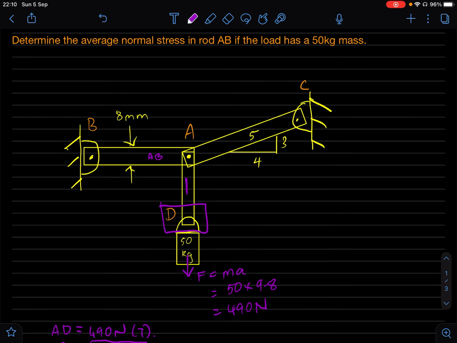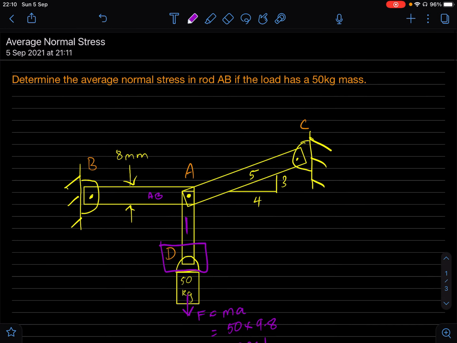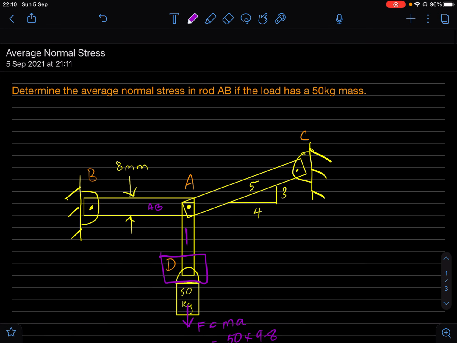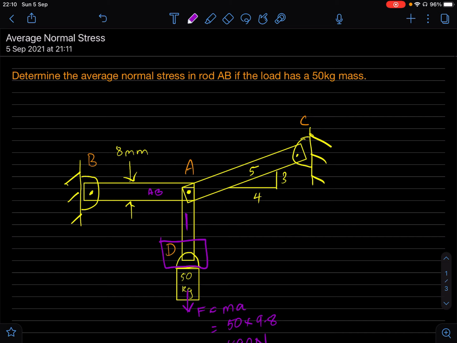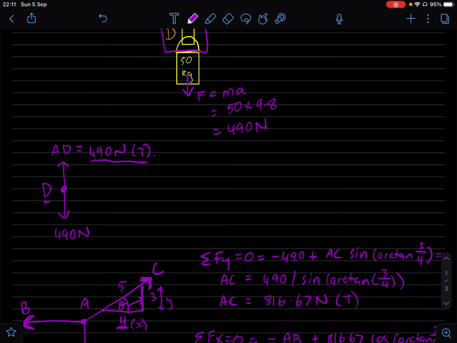We know that the area of a cylindrical rod, we assume it's cylindrical because it's a rod, is equal to pi r squared, isn't it? So we have the diameter of the rod is 8 millimeters, but the radius will be 4 millimeters, correct? So let's apply that.